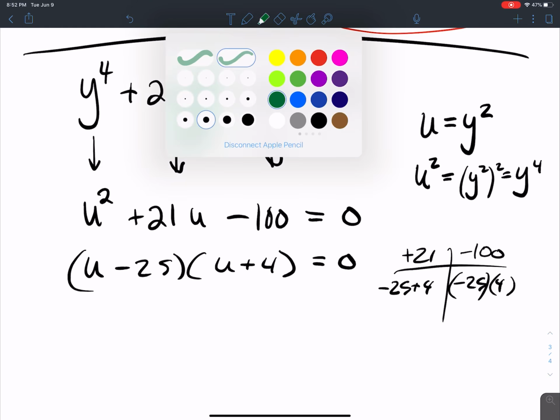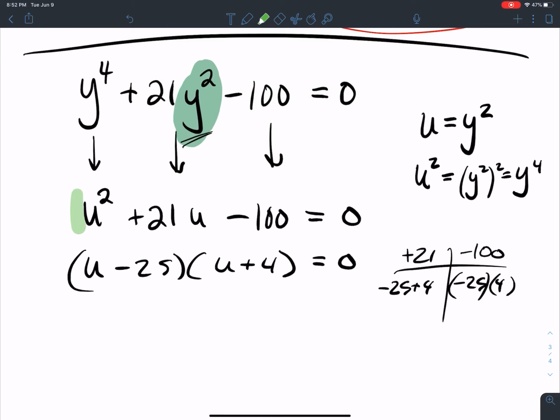Or if you see the shortcut, since the a in front is a 1, once you get these two numbers right here, you know a positive 4 goes for positive 4 here. Negative 25 goes for that negative 25 there. That only works if the coefficient in front is a 1. If a equals 1, then you can use a shortcut.